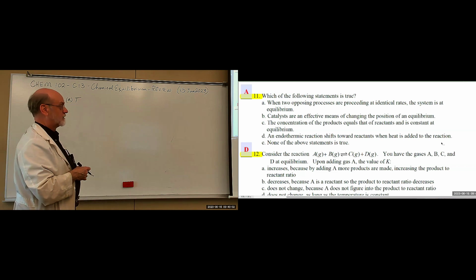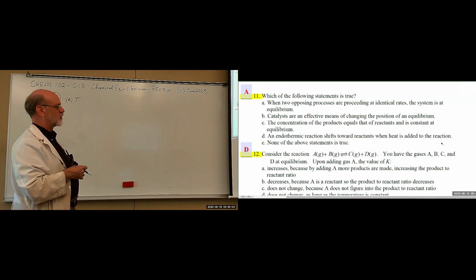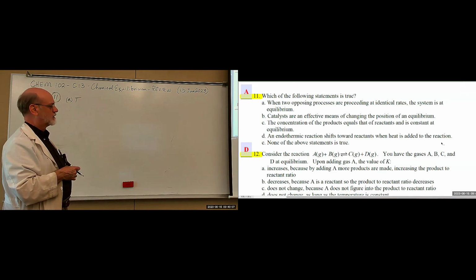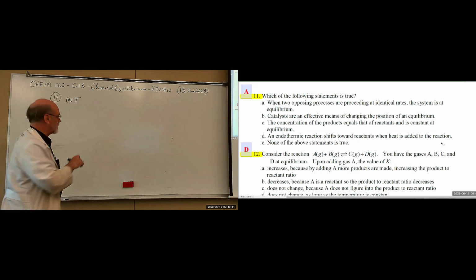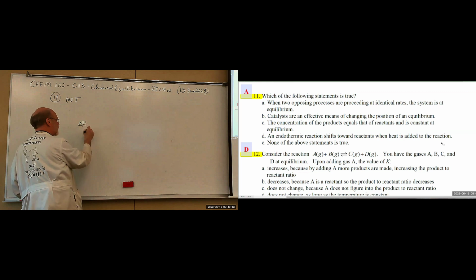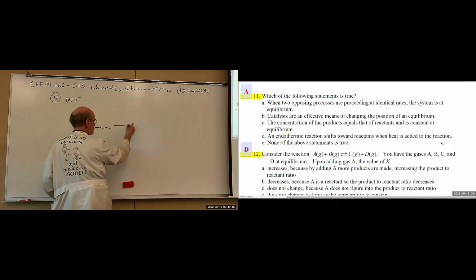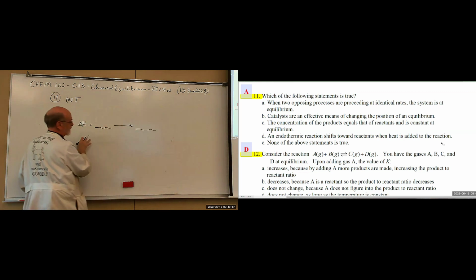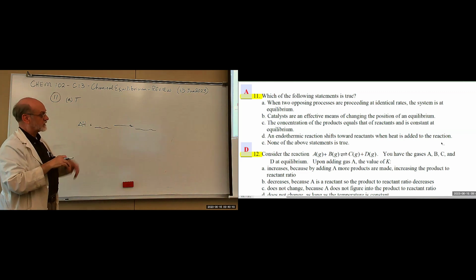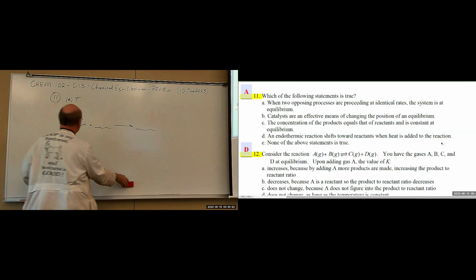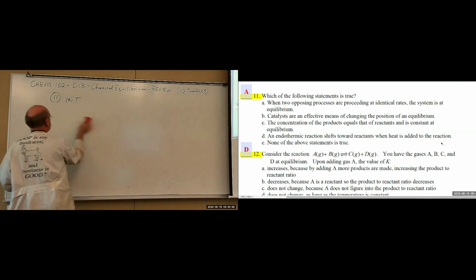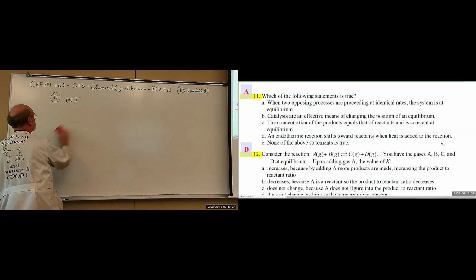Depends on the reaction. An endothermic reaction shifts toward reactants when heat is added. No, if delta H is on this side of the equation to make products, then when you add heat, it's going to shift to the right, not to the left. It's not going to make more reactants. Okay, so we did find our answer. A is the only one that's true.